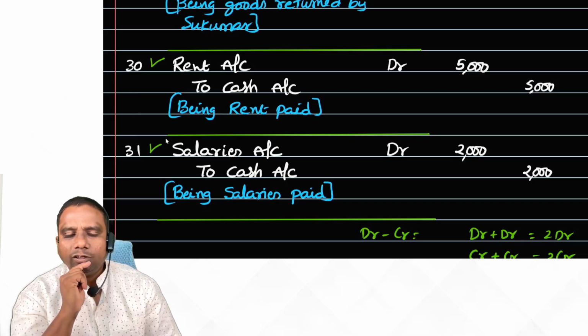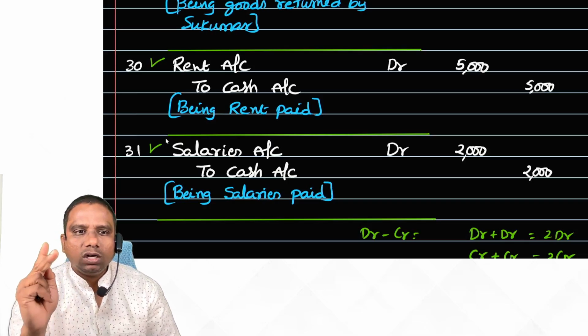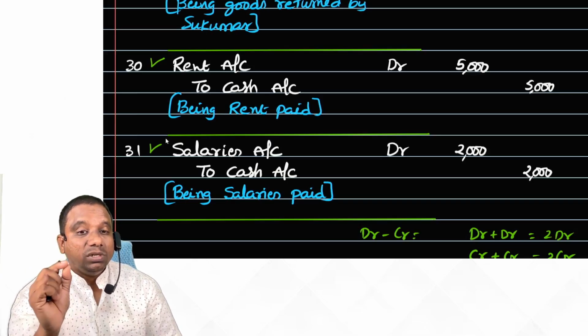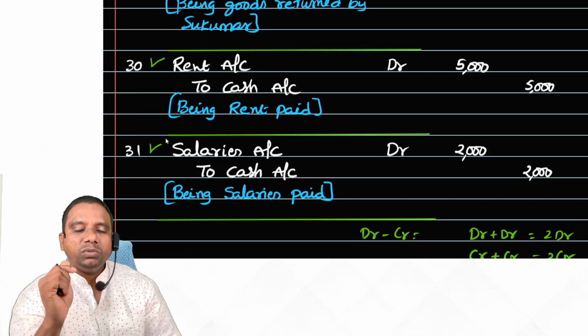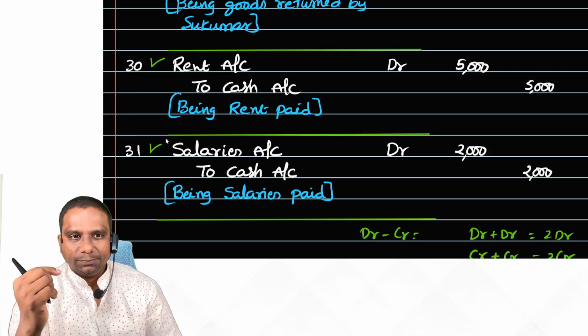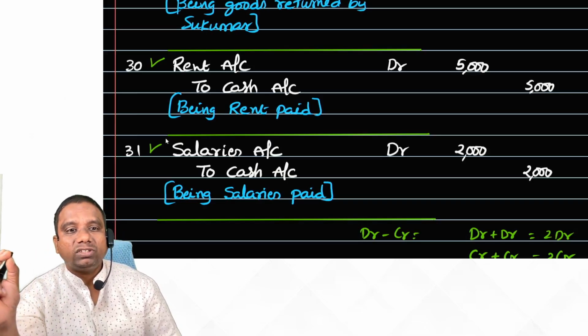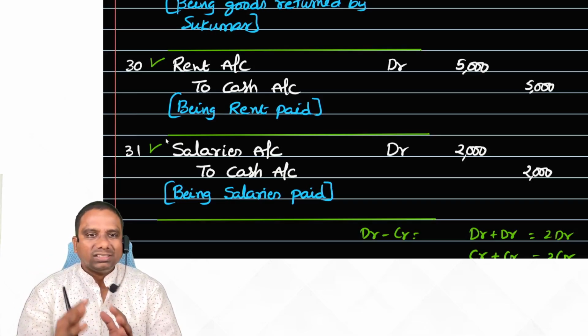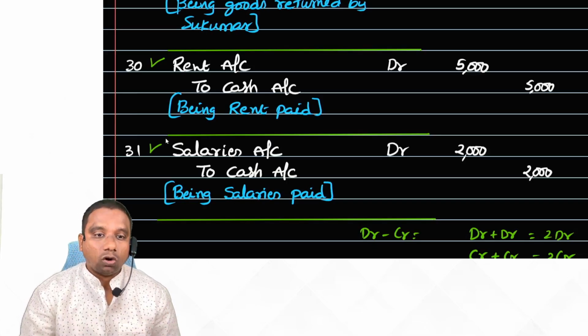Here also, suppose these two are called similar nature of transaction. What is it? Similar nature of transaction means what? Rent and salary are similar nature of transaction. These two transactions are similar but happened on different dates.